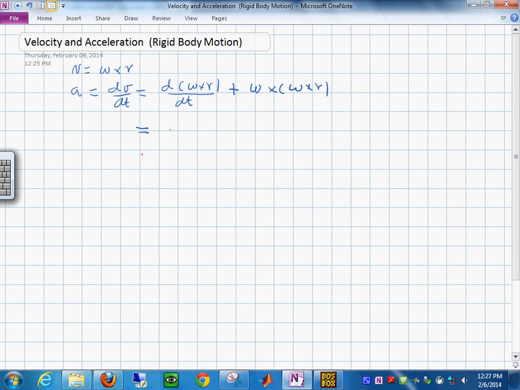This is omega dot cross R, plus omega cross R dot, like this, right?